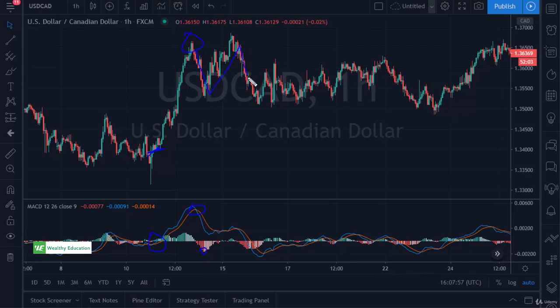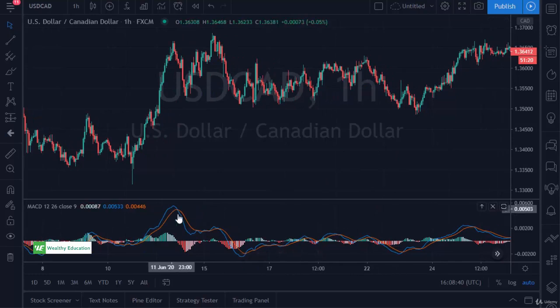The problem is, as you can see, it really wasn't until here that we broke down. And like moving averages in general, it doesn't work well in a sideways market. You're looking for breakouts or breakdowns. And of course, the divergence was the real sell signal over time, and that's exactly what happened as we dipped back into the red in the histogram.